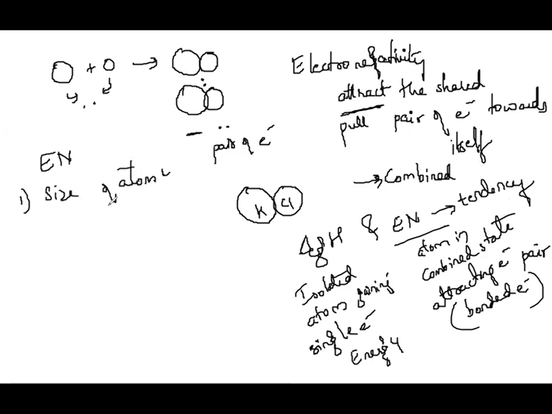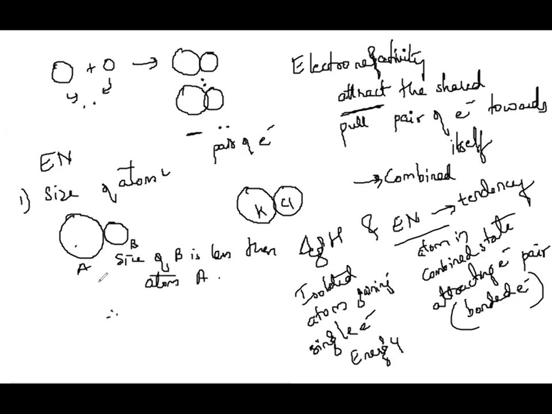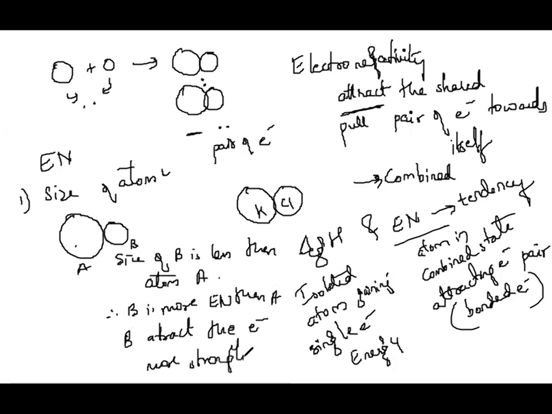In the combined state, let me say this is atom A and this is atom B. Size of atom B is less than atom A. Therefore, I can say B is more electronegative than A. That means B will attract the electron pair more strongly.